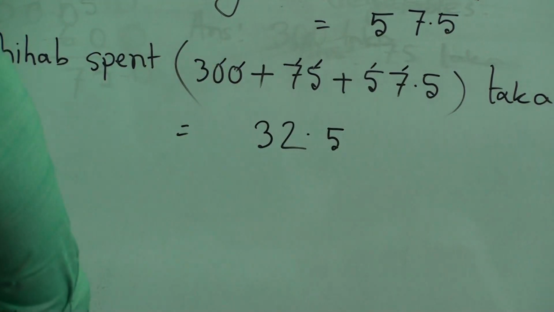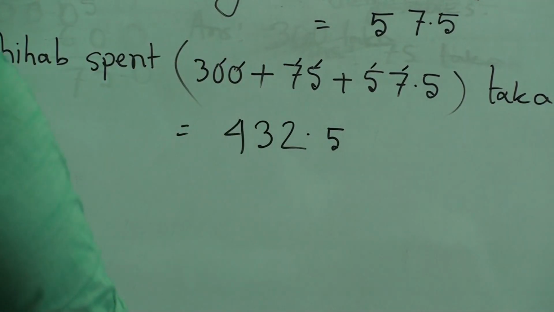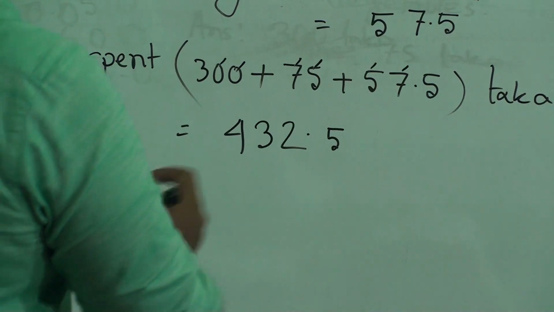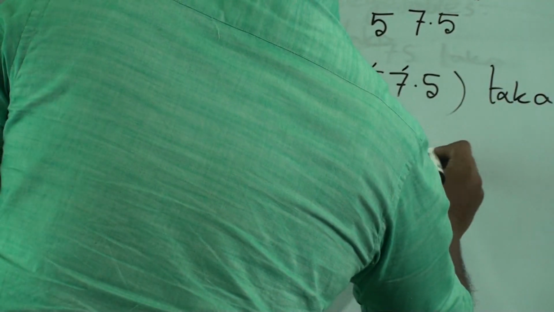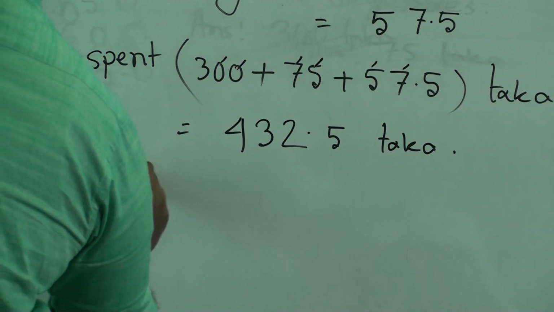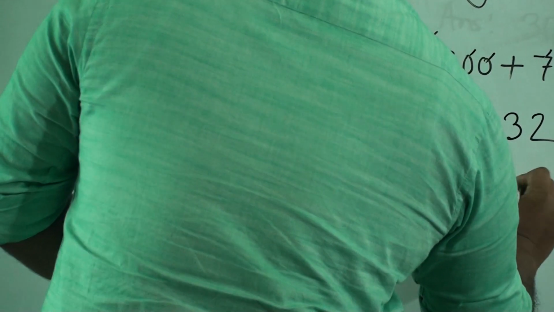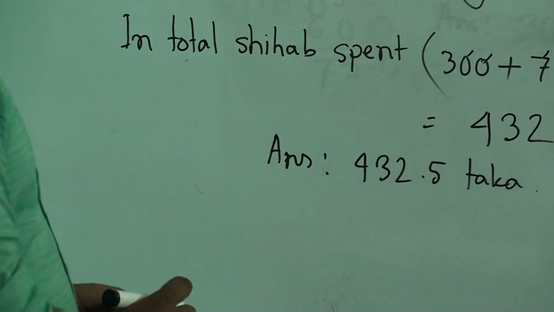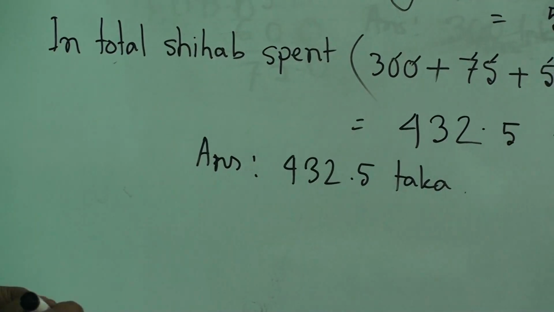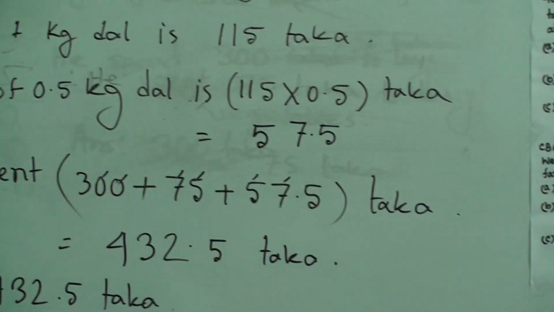Okay, now carrying 1, 3 on 4, so 432.5 taka, and this is the answer. Dear student, this is the answer of question number C, and I hope you have understood our today's CW.